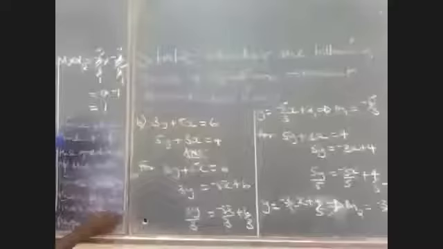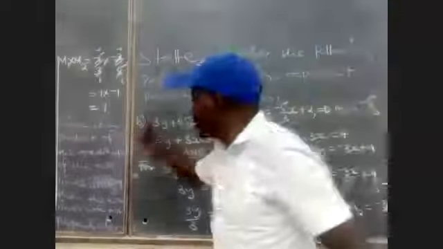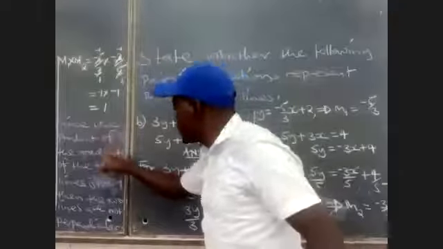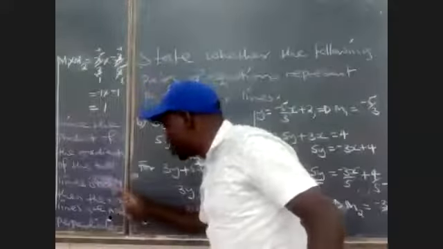I hope that is very okay. We are saying that since the product of the gradients of the two lines is not negative 1, then the two lines are not perpendicular. I hope that's very good.